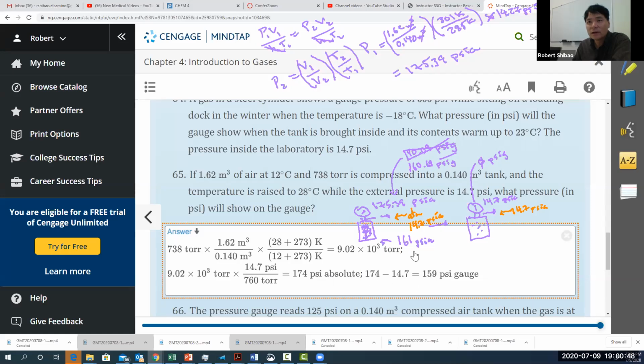I got 161. What you're going to see is slight differences, whether you round or you don't round. But I should double check my calculation because it's still 2 PSI off. And so I'll do my calculation again.